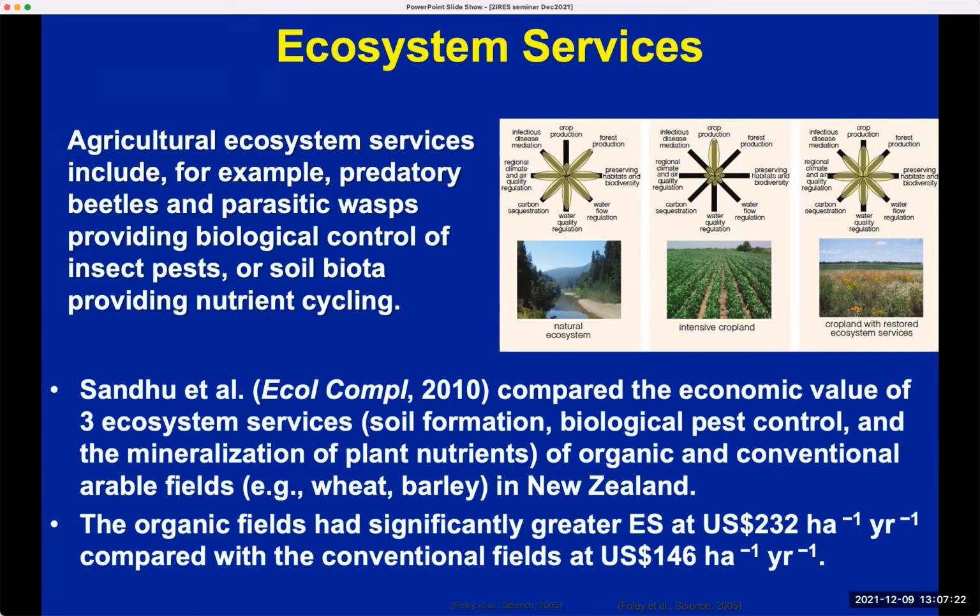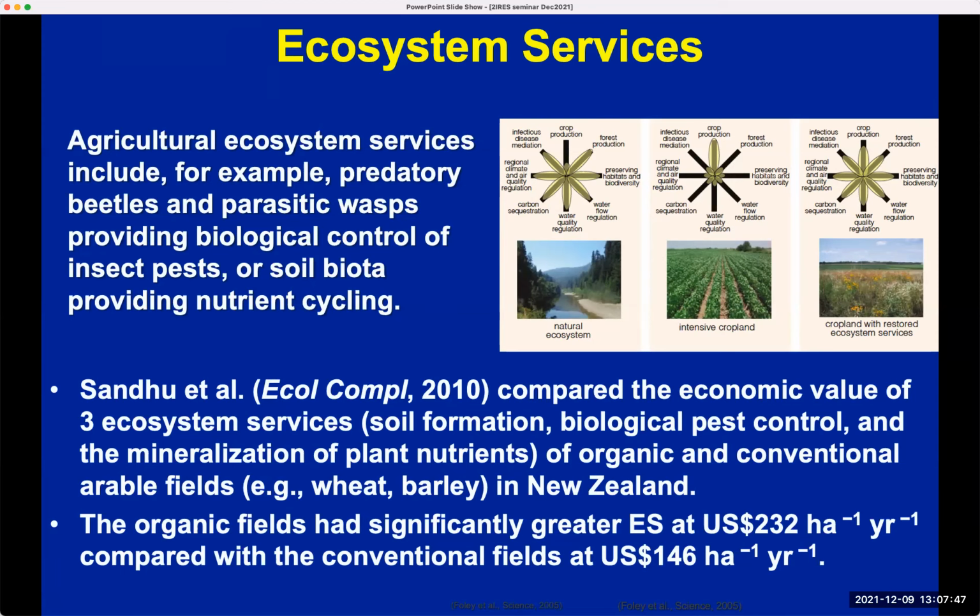The conventional still had some, it was 146, and the big difference was in the biological pest control, not so much in soil. So that's another way. So farmers that do this, whether you're no-till or organic, if you are adding in this ecosystem service, then it's good, and you should get rewarded for that.